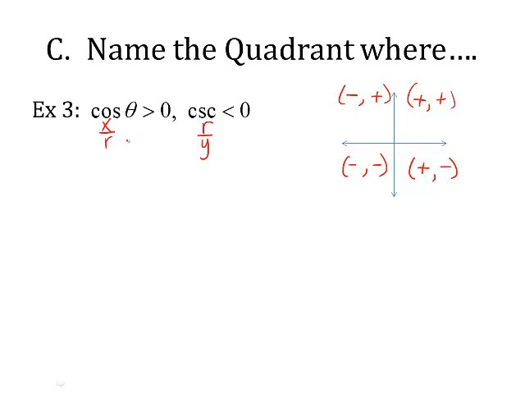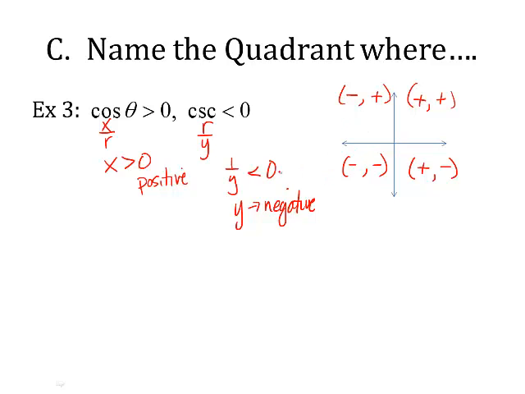So really what this is saying is that x is greater than 0, which simply means it's positive. And over here, this is talking about the 1 over y value. Whatever that value is, it's less than 0, so that means my y value is negative. That's what this is telling me.